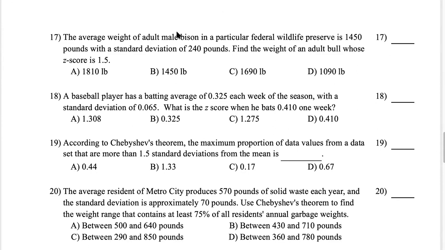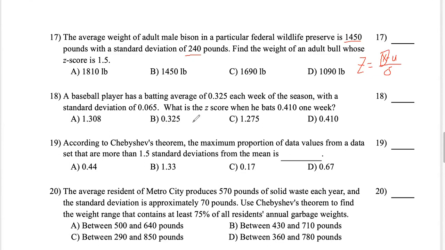The average they're talking about here is this one, standard deviation is this one, Z-score is that. So the Z formula is Z equals X minus mu divided by standard deviation. You plug all the information into this formula and try to find out what X is. I'm not going to cover that.